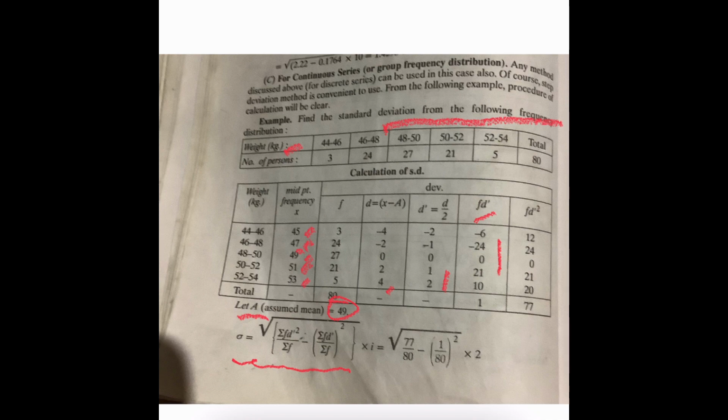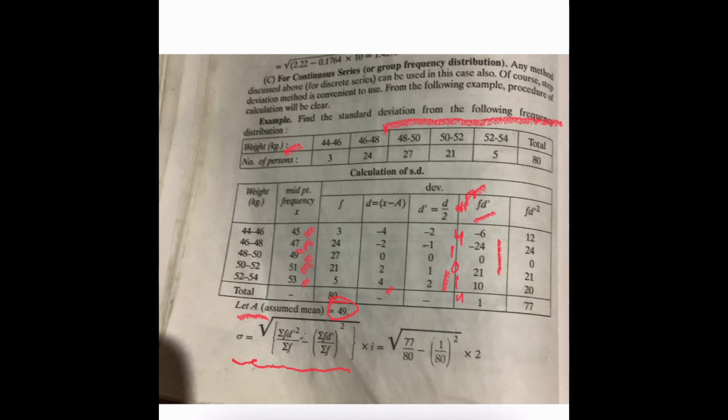Now again you require f d dash square. Now again you do one thing, you make one column, d dash square. You just square these: 2 squared is 4, 1, 0, 1, 4.